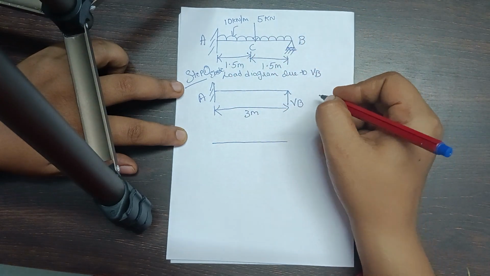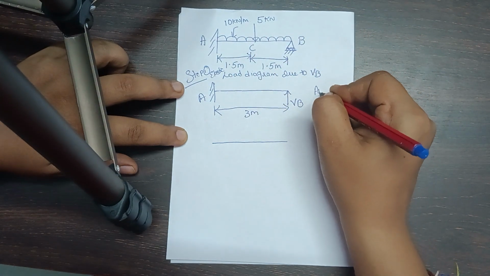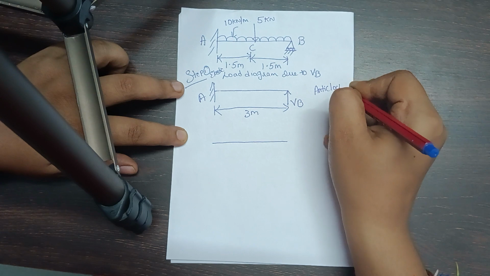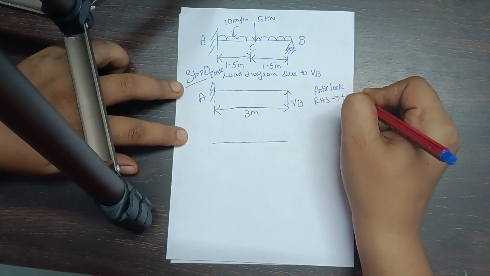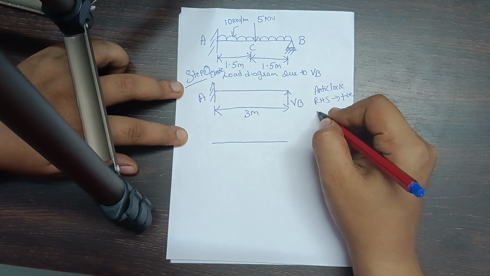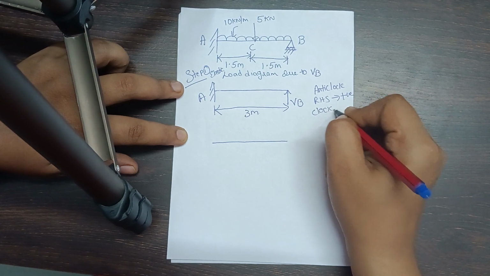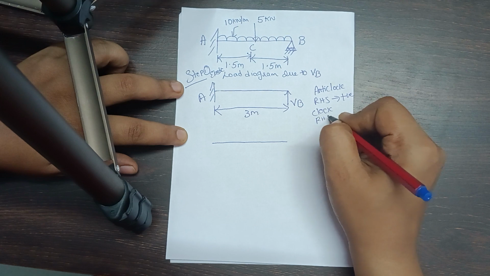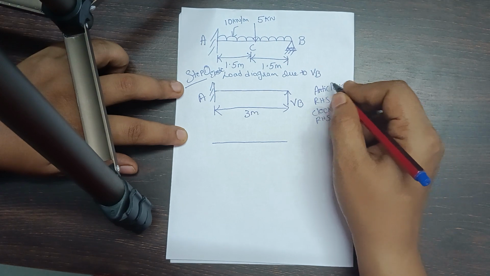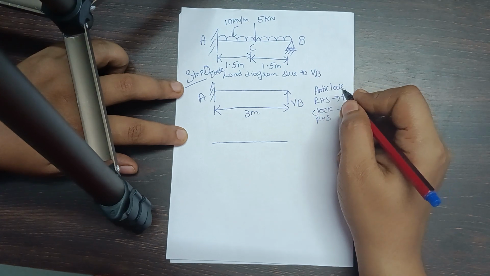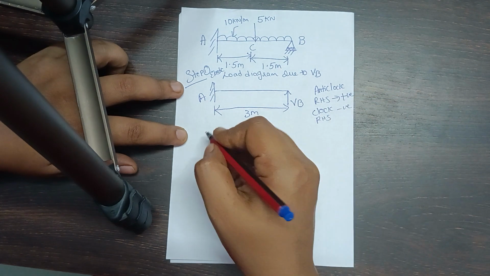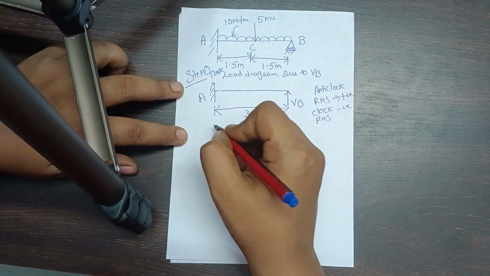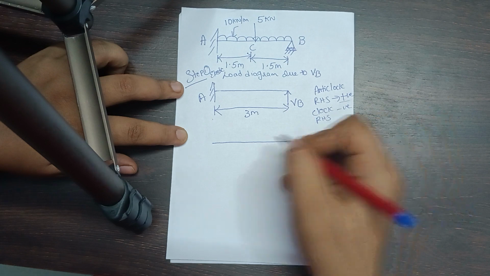As per our sign convention, an anti-clockwise moment from the right hand side is taken as positive, and a clockwise moment from the right hand side is taken as negative. The same will be replicated with a reverse sign convention when it is taken from the left hand side. So it is anti-clockwise from the right hand side, so it is positive.